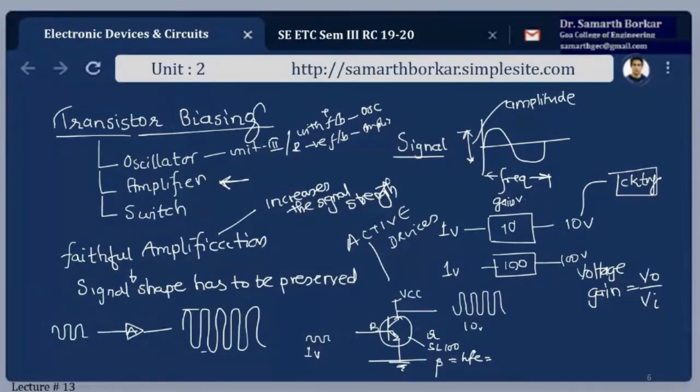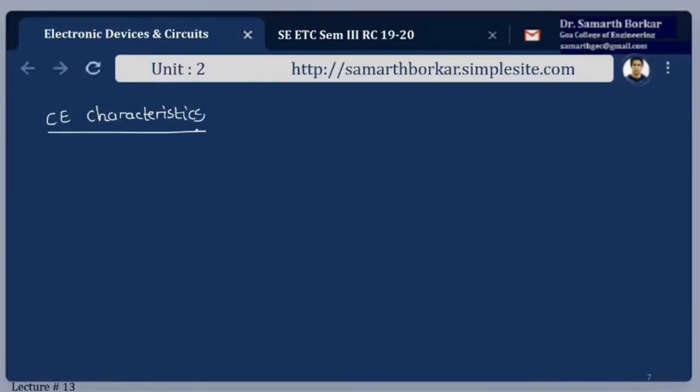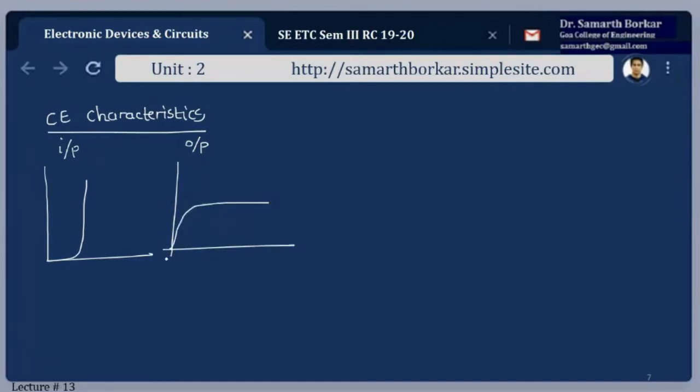It was all done to get to know what the voltage gain is. You remember this, in which case there are two: input characteristics and output characteristics. This is the plot for the input characteristics, and this is the plot for the output characteristics.